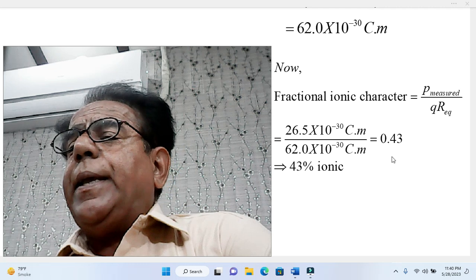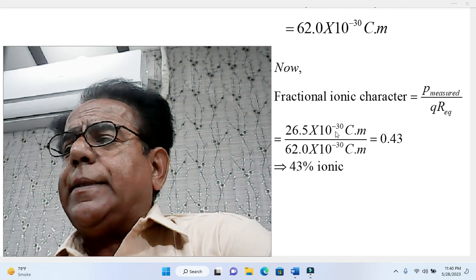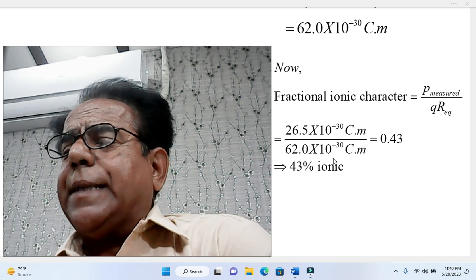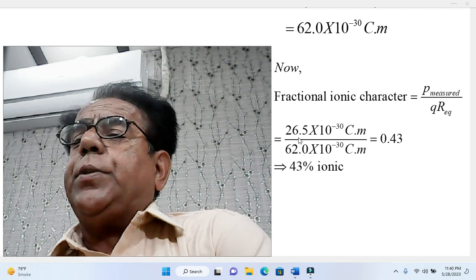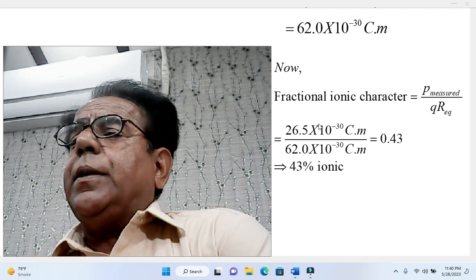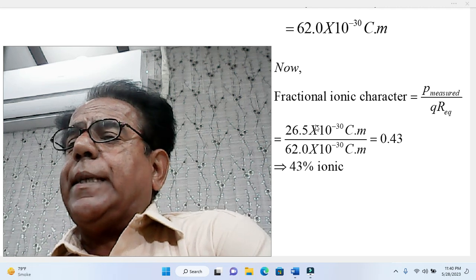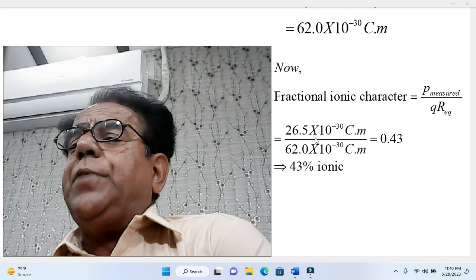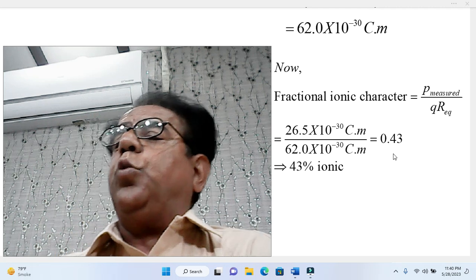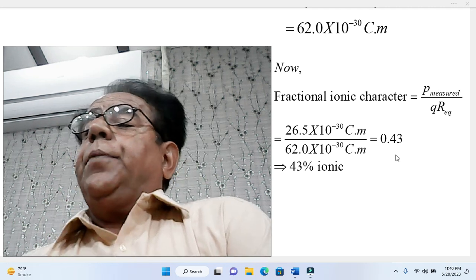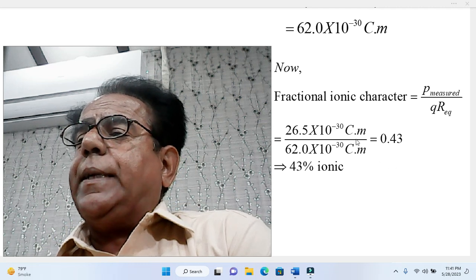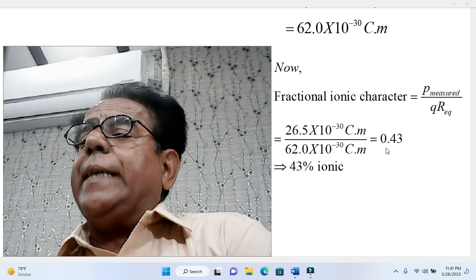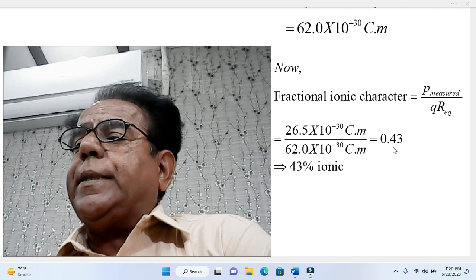So here 10 raised to the power minus 30 coulomb meter will cancel out with the 10 raised to the power minus 30 coulomb meter, and hence only two numbers will appear in this expression, and the result of this division will become equal to 0.43. We know that when fractional ionic character is obtained, then we say that this implies 43% ionic.